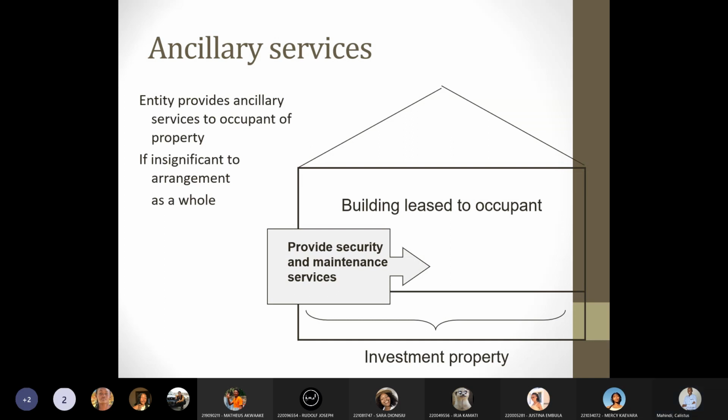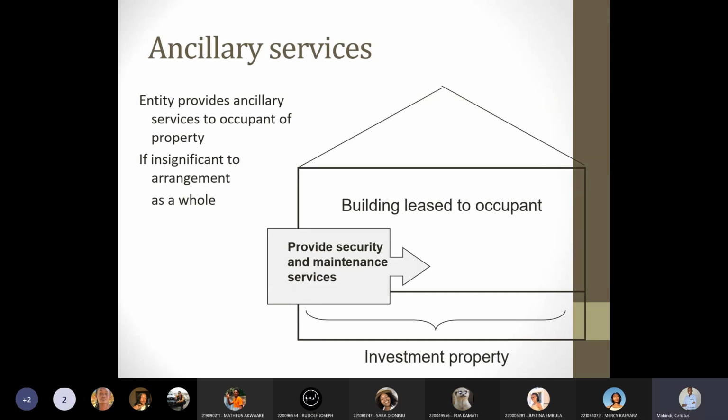And it's not a major part of the business. You could still rent out that property without providing security services. It doesn't really impact the main service that you're going to provide. That's where we say that the service is insignificant.